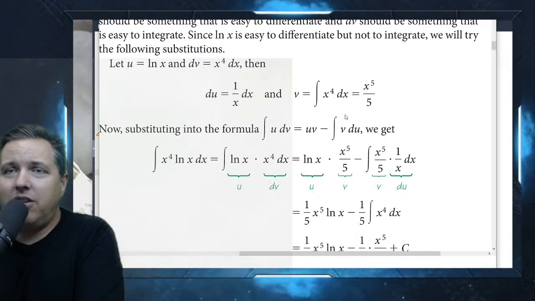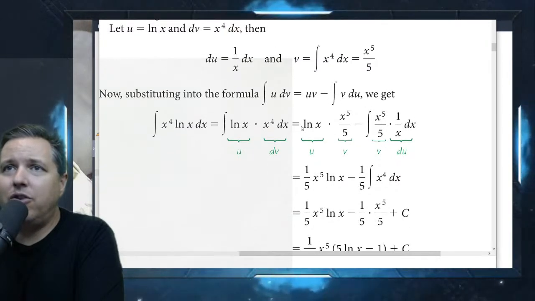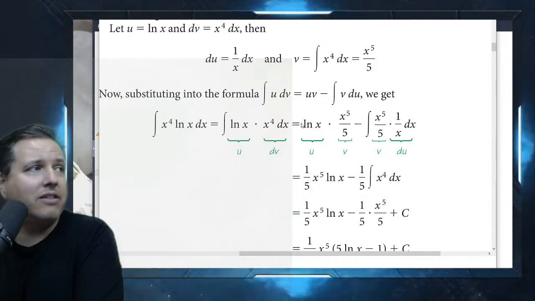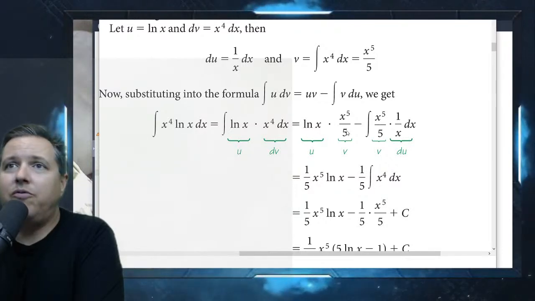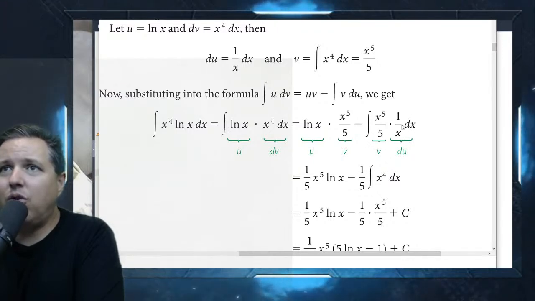Now substitute it into your formula. The integral of u dv, that's what you started with, will be equal to u times v minus the integral of v du. So you've got your u here, natural log of x, your v here, x to the 5th over 5, minus the integral of v, x to the 5th over 5, du, 1 over x dx.